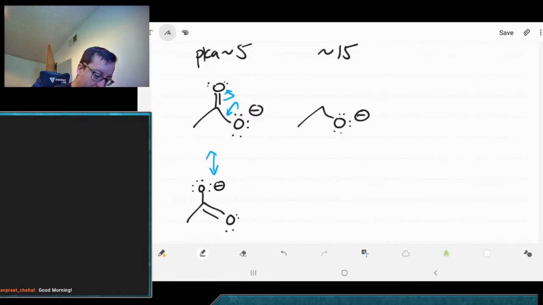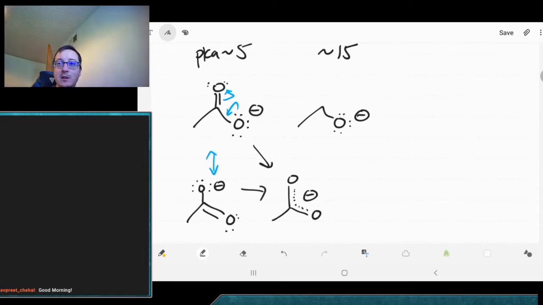And so we have this negative charge spread between them. If we combine those two, we see that lone pair is still hanging around somewhere in between the two. So it's not localized at any one of those particular spots.